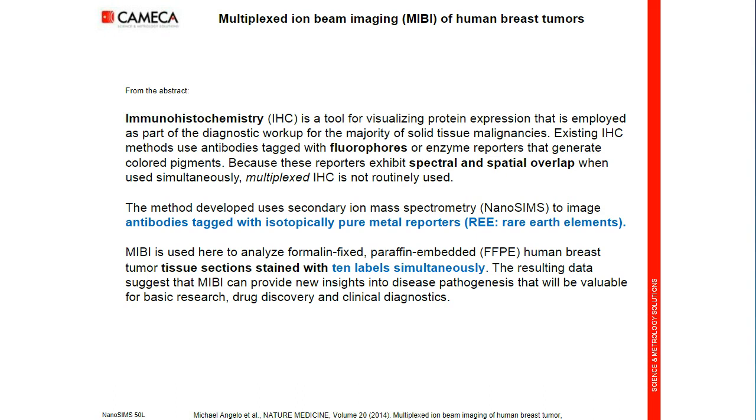So this method is quite a generic method to use tracers attached to specific molecules and to map the distribution of these molecules through these tracers.